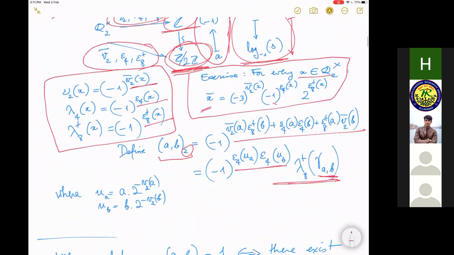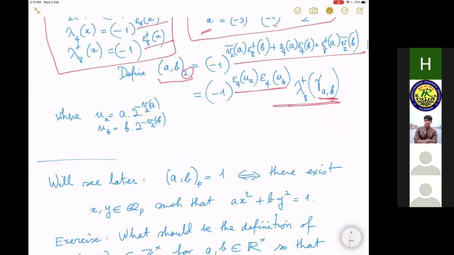Okay, so that is the definition. What are UA and UB? These are the units defined by this. When you write, I mean, maybe I should have written A is 2 to the power V2 of A times UA, and B is 2 to the power V2 of B times UB, where P is 2 here.